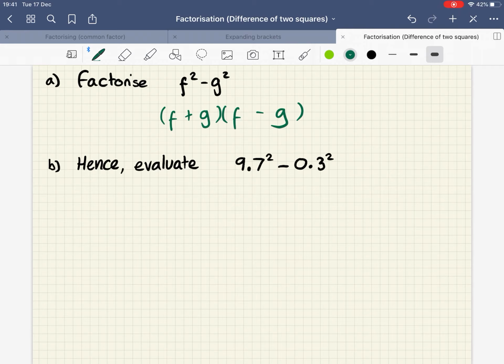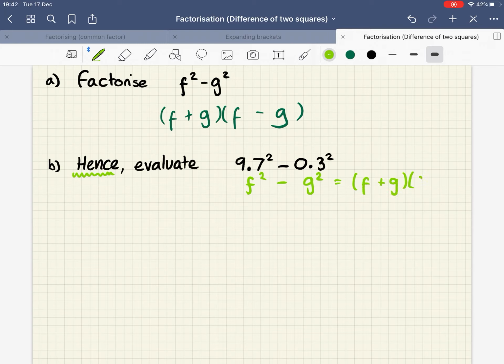Then it says, hence evaluate 9.7 squared minus 0.3 squared. Now don't let that worry you. Firstly, you know that this is meant to relate to our previous one due to that word hence. And if underneath, if I line up my f squared minus g squared, we can see these are actually quite related to each other.